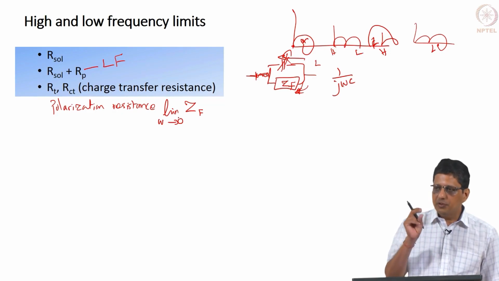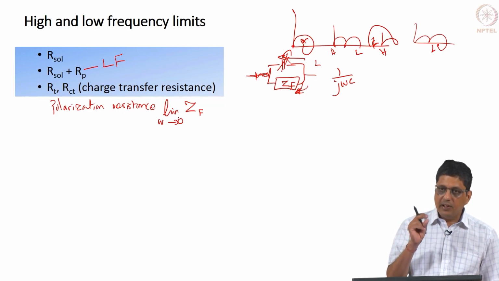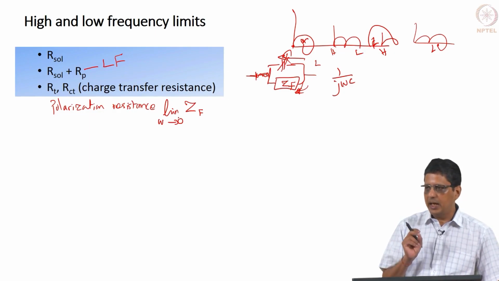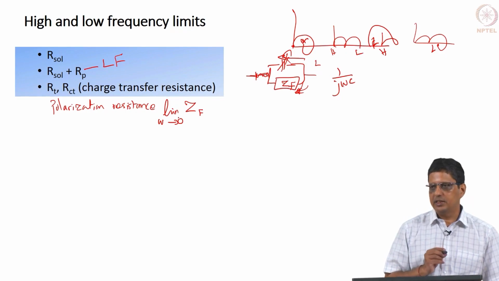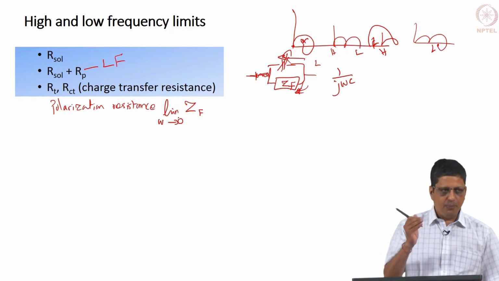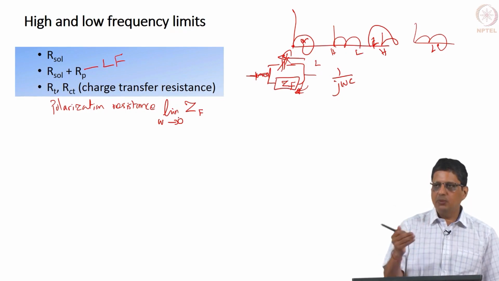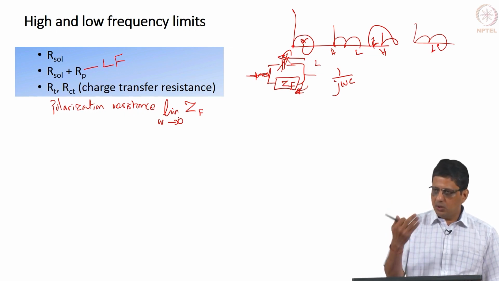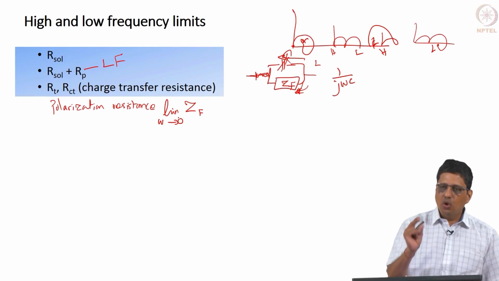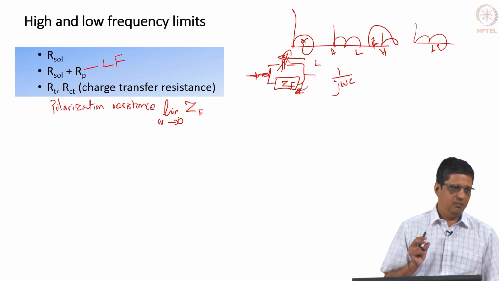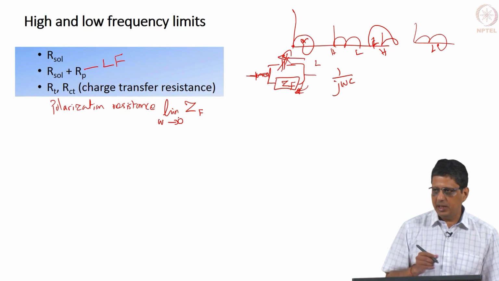So, that ratio of change in potential to change in current, when we change it very slowly from whatever value we are originally at, is called polarization resistance. If I change the potential, it is possible that more species may adsorb on this, or less species may adsorb on it, and all those processes are taken into account. Overall, what is the change in current? That is given by the limit of omega tending to 0 of Zf.